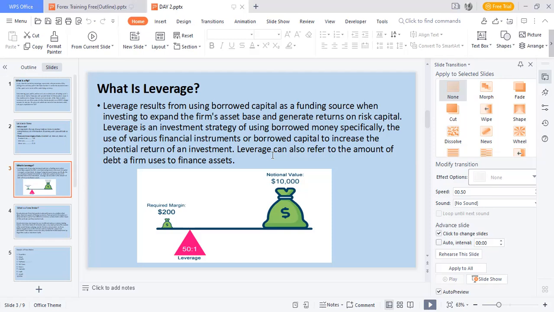So that's one thing about leverage. What you have, you boost just to increase your capital in the financial market. Let's say you have $200.